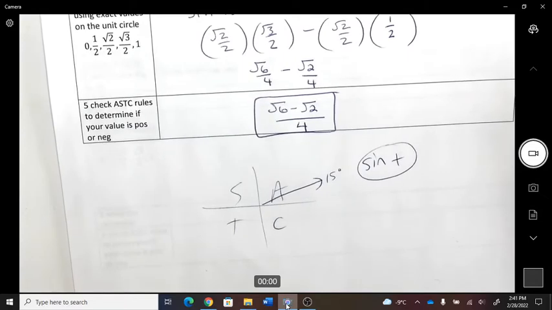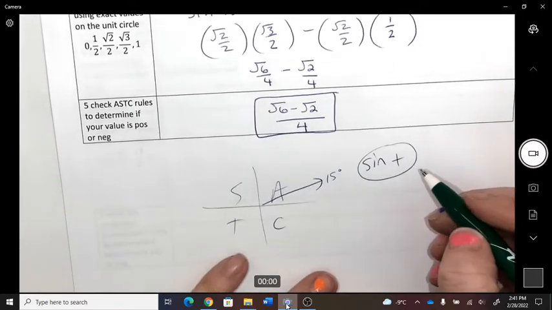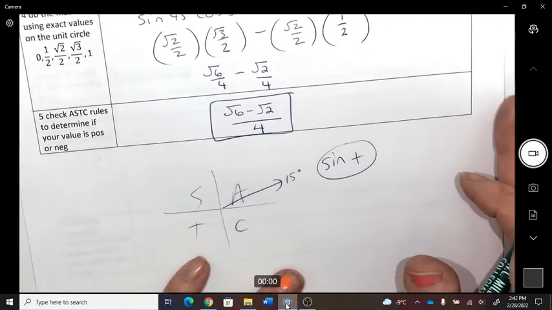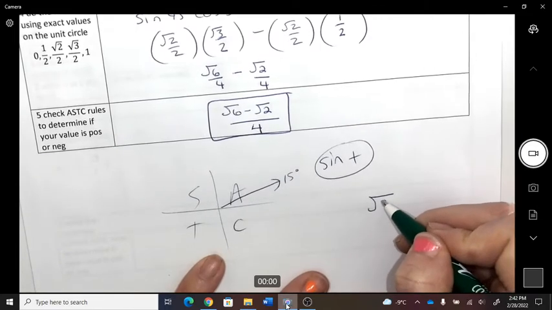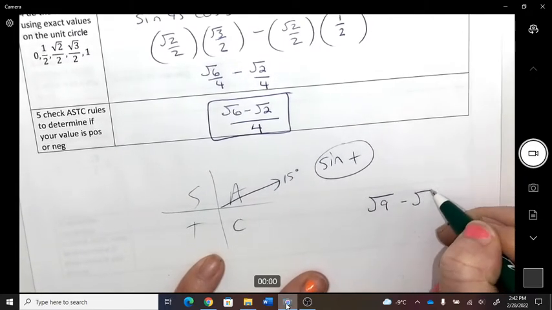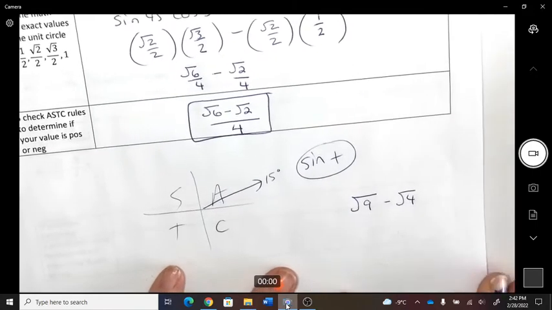Could you simplify that more? Could you actually see 6 minus 2 and then that would be root 4 over 4? No, you can't simplify roots like that. It'd be like you telling me that that was a root 5.